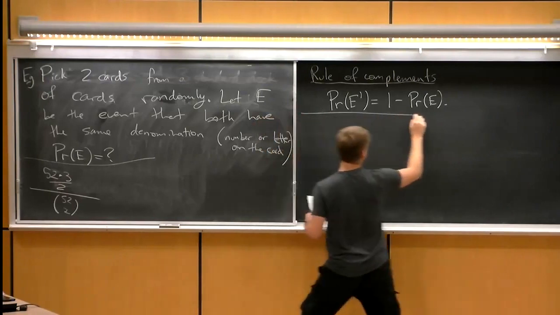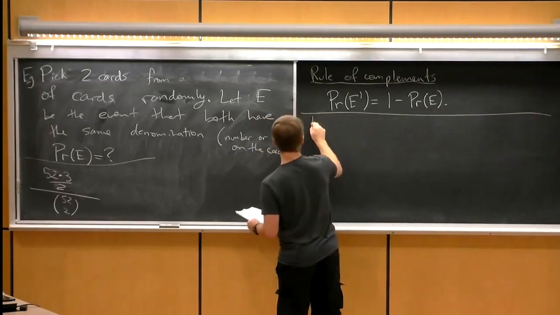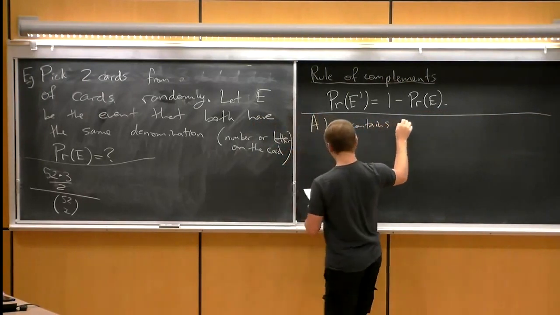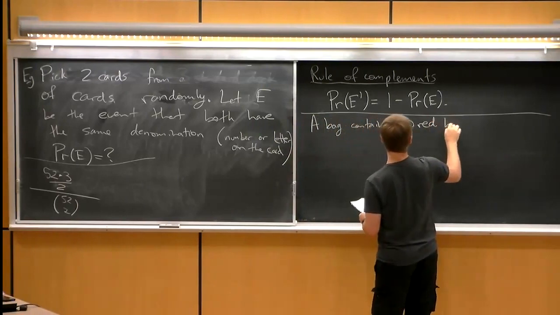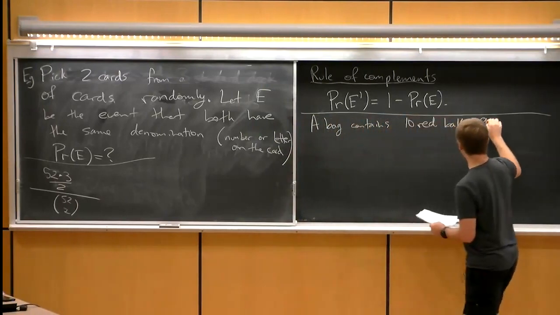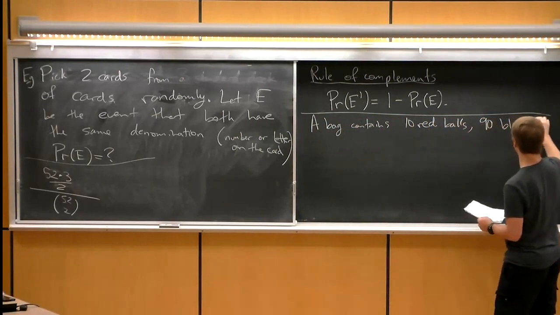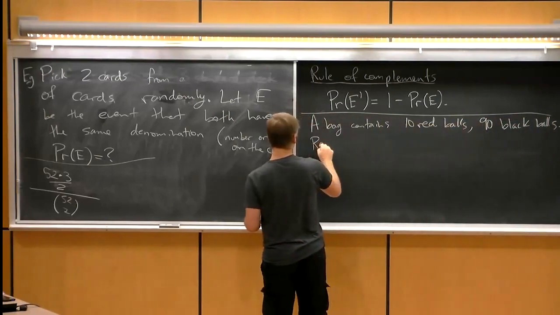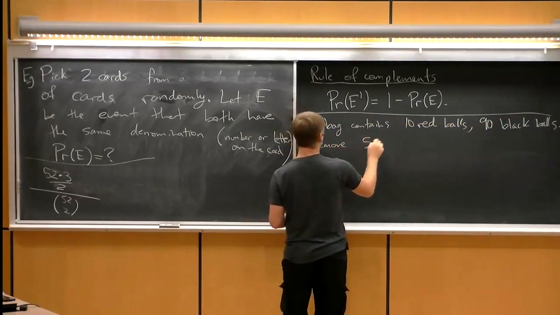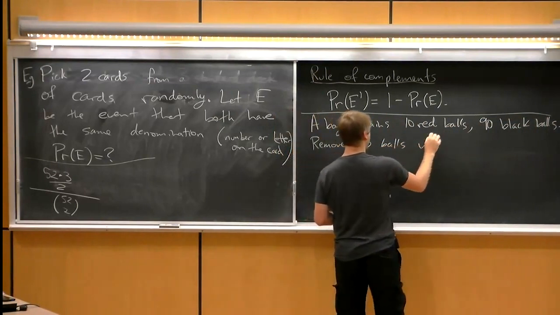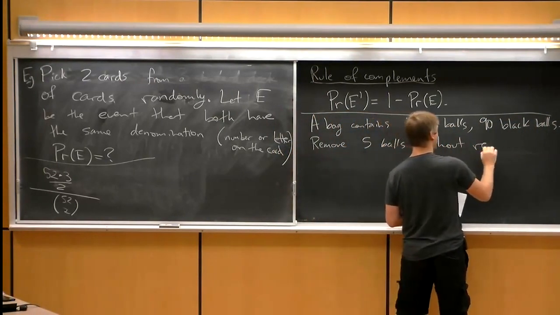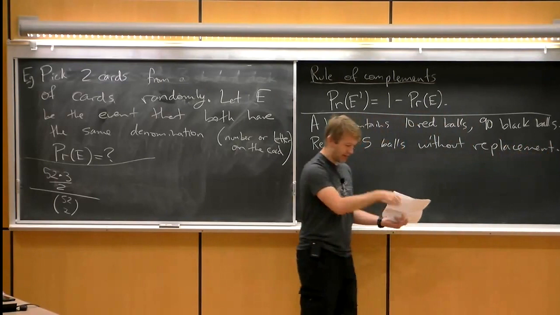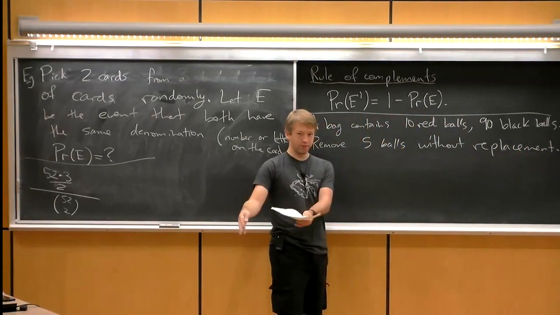Okay. So as an example, suppose you've got a bag containing 10 red balls and 90 black balls. Remove 5 balls without replacement, which means we take them out one by one, put them on the table.